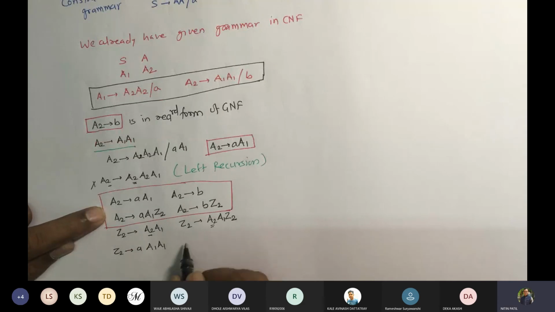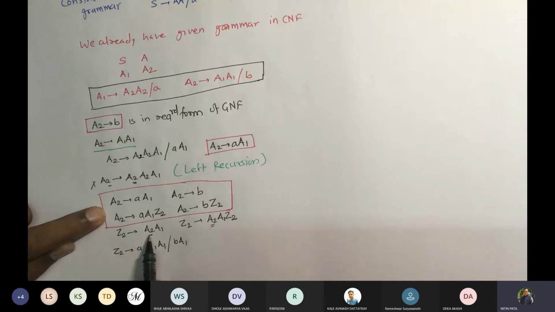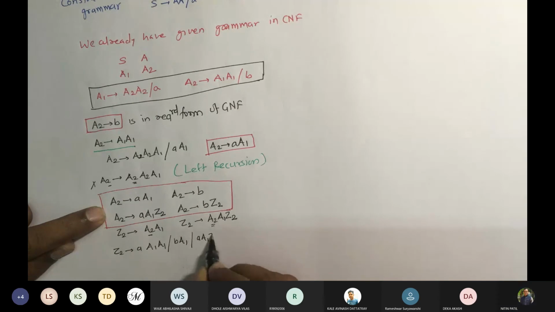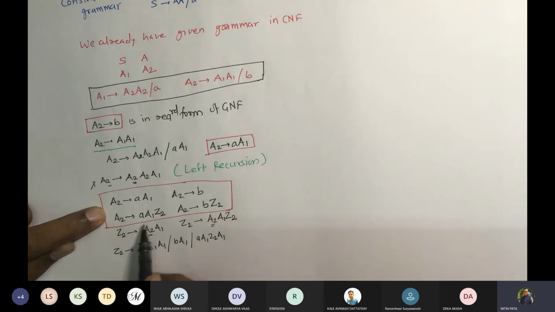Correct? Next, if I write this B here, I will get B A1. Correct? Then I can get A1 Z2 A1. I'm replacing this A2 value here, and I'm writing this A1 as it is. So the first value was A1, so I wrote A1. This was for that A2.